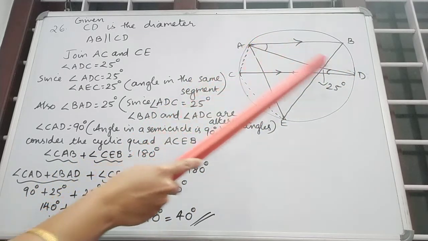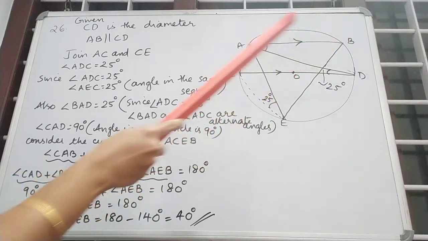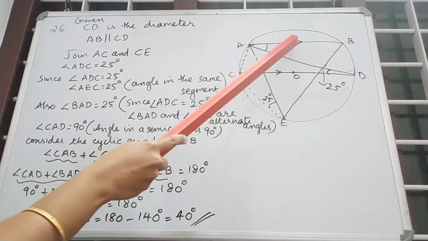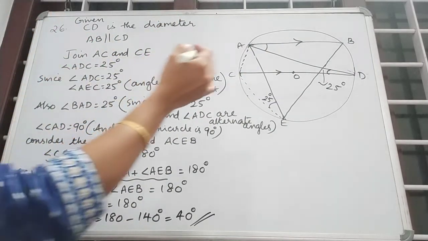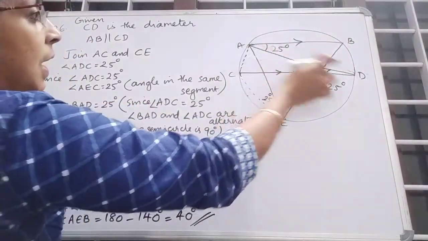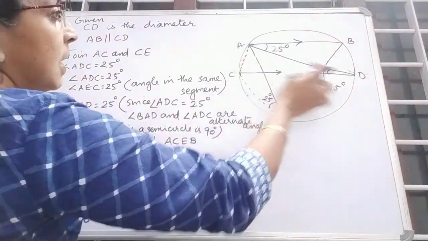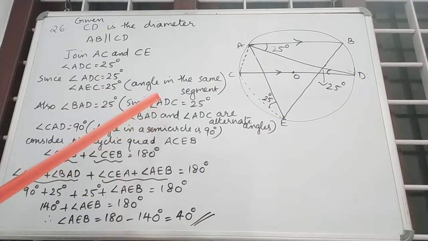Given ADC as 25 degree, so angle BAD will be 25 degree, since these two are alternate angles. Which two are alternate angles? Angle BAD and CDA are alternate angles. These two are alternate angles.